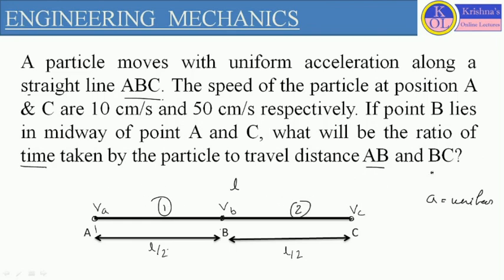For example, for this AB path, time taken by the particle is T1 and for BC path, time taken by the particle is T2. So we will define the value of T1 and then T2 and then we will find out the ratio of T1 by T2. So let's start the solution.